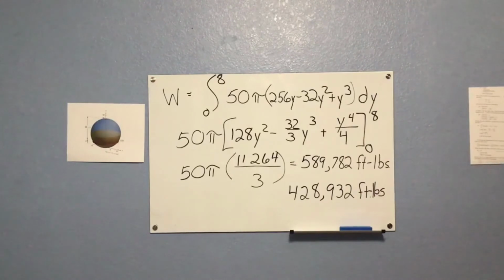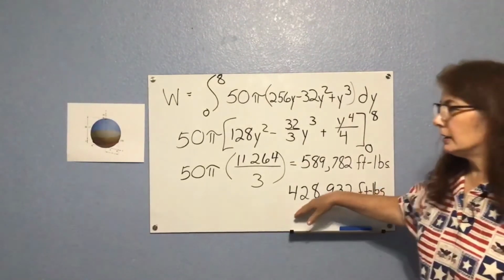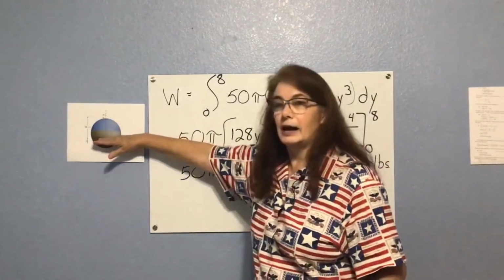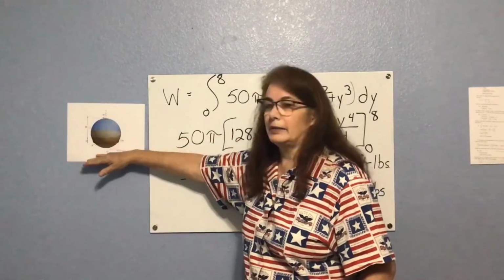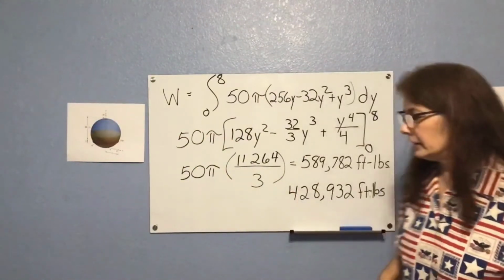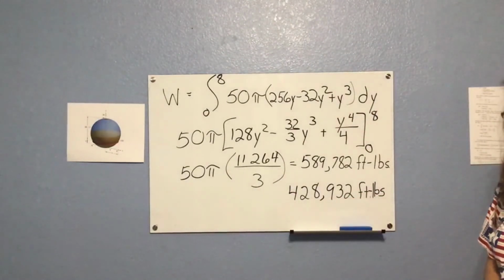Okay, and does it seem reasonable that this number would be a little smaller because I'm lifting everything 8 feet instead of lifting the top layer 8 feet and the bottom part closer to 16 feet? So this lets us know that our answer is indeed reasonable.